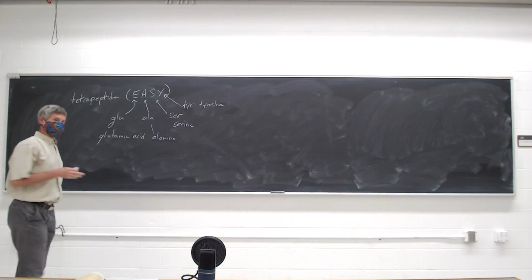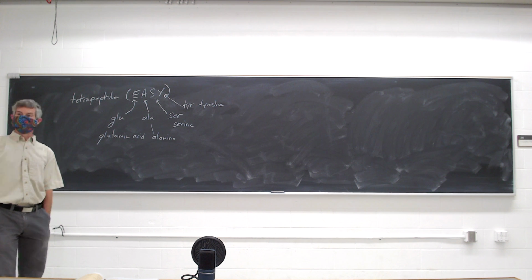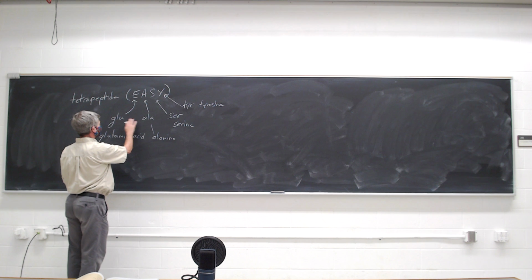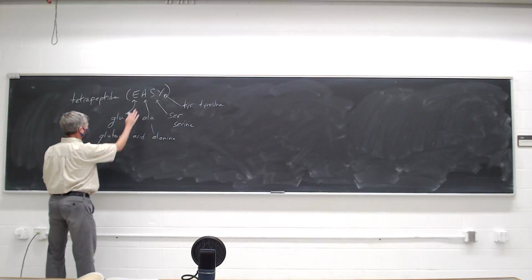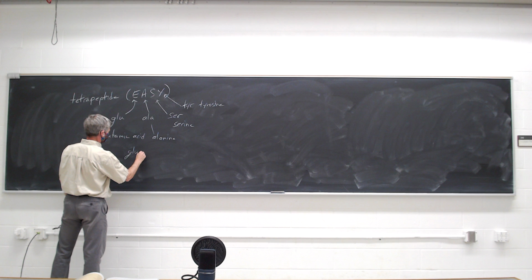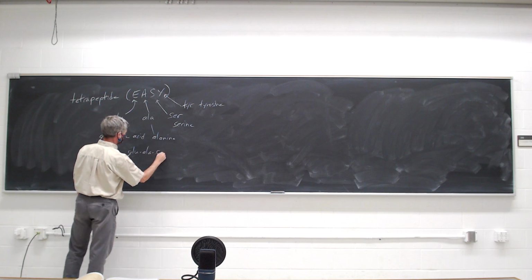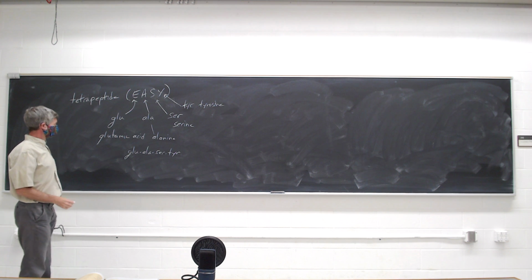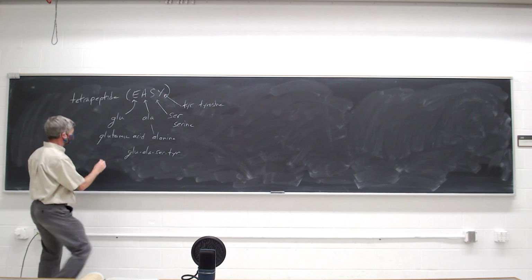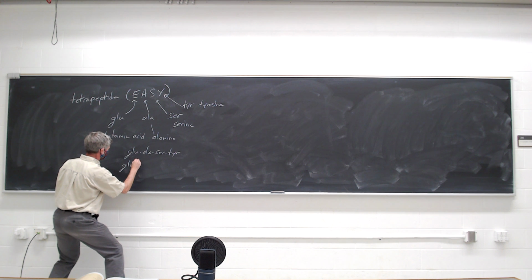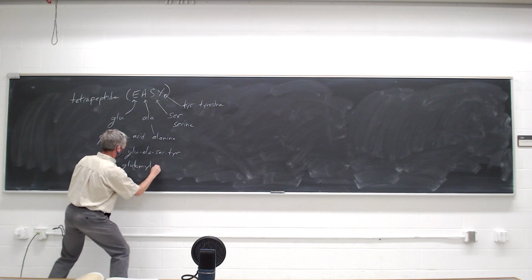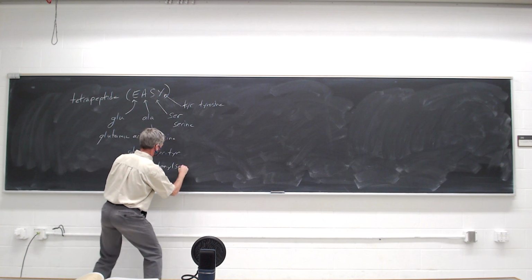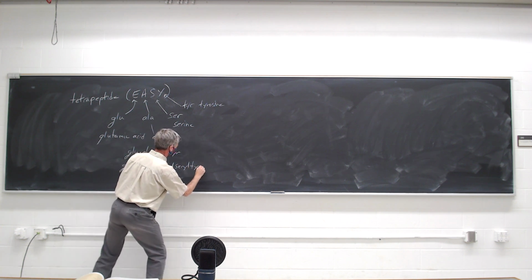It'll give you the 3-letter code and the 1-letter code and the name. And what you should be able to do is go from 1-letter code to 3-letter code to name to structure. So we're looking at E-A-S-Y. Another way to write this would be Glu-Ala-Ser-Tyr. And if you wanted the name, it would be glutamyl alanyl seryl tyrosine.